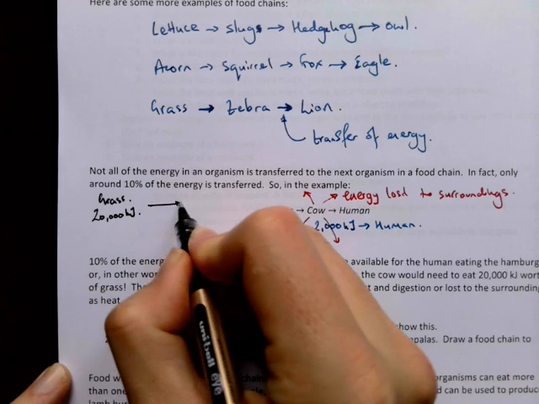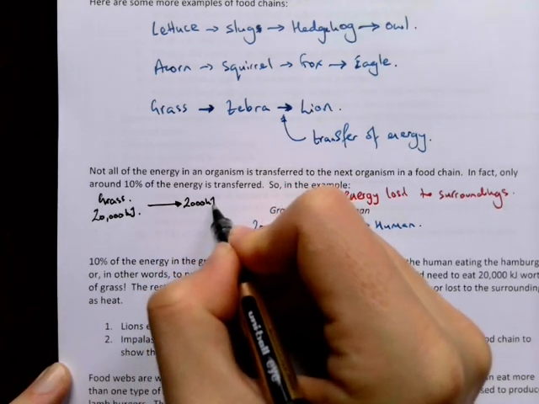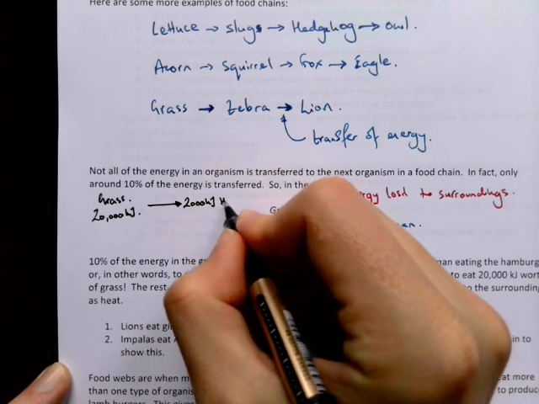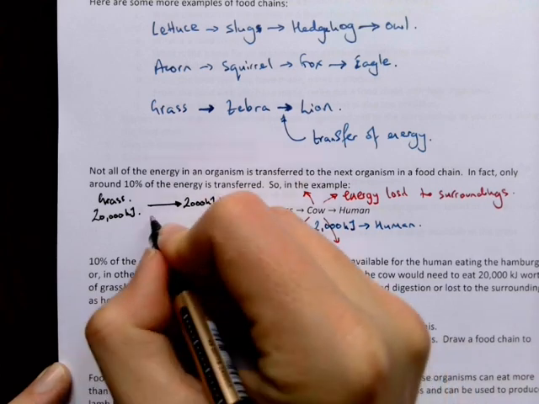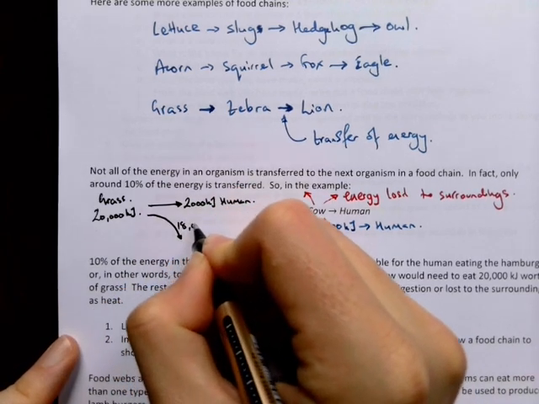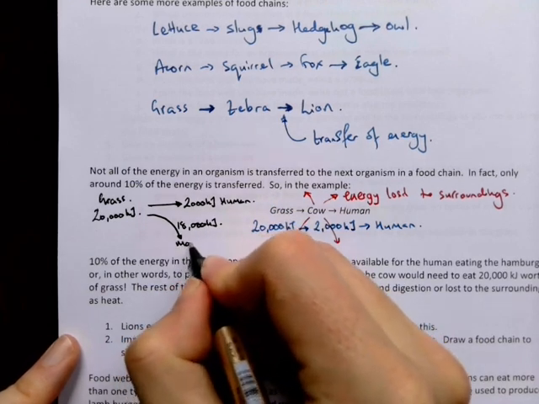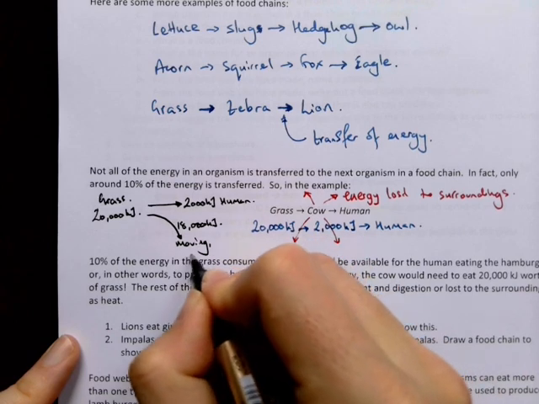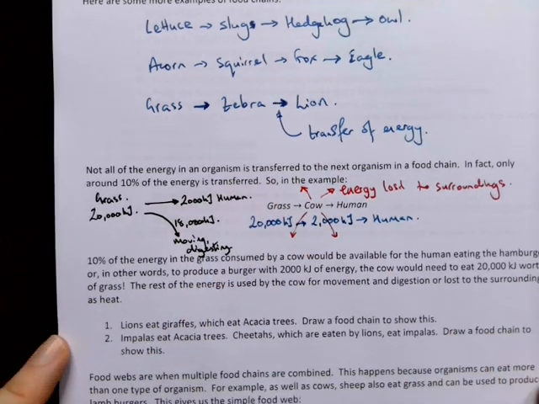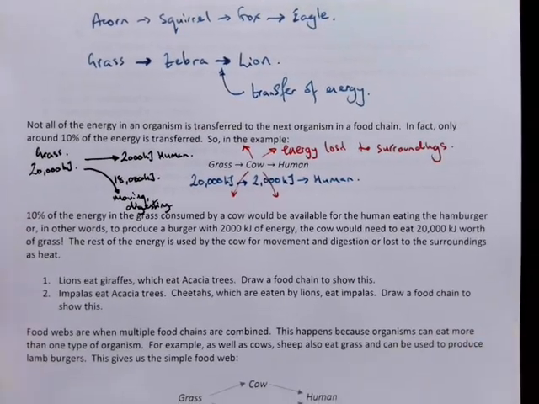Well, 2,000 kilojoules goes to the human in the burger, and then the other 18,000 is used for things like moving and digesting and thinking and all the other things that cows like to do. Okay, excellent.